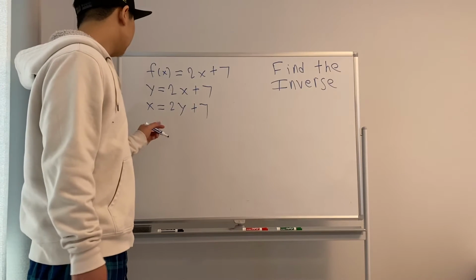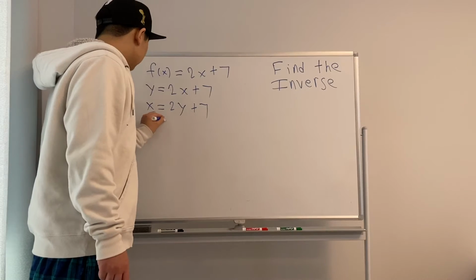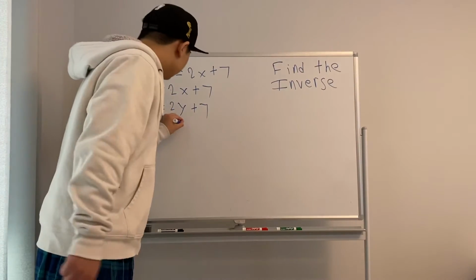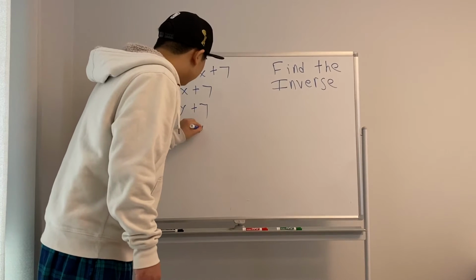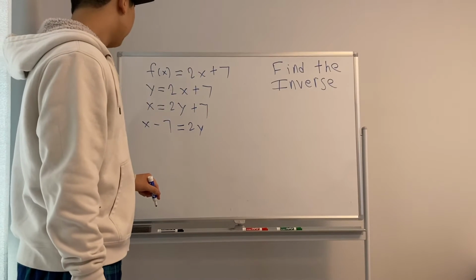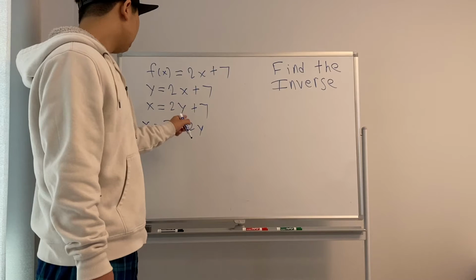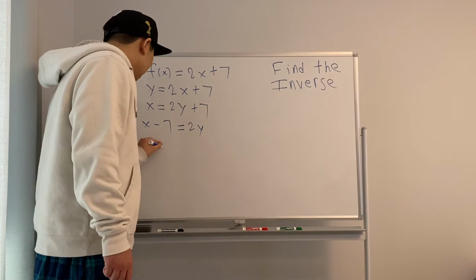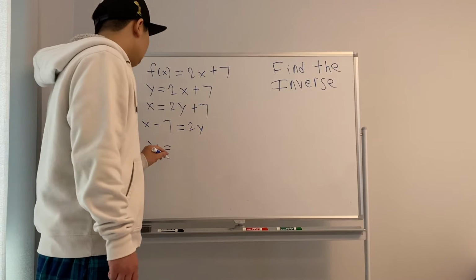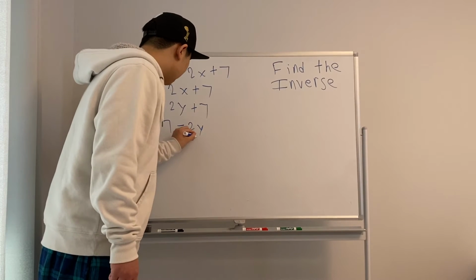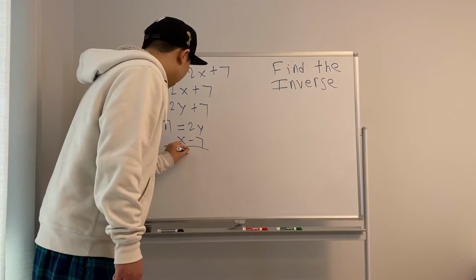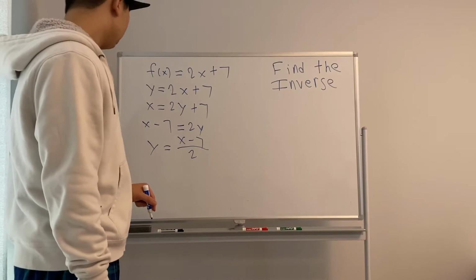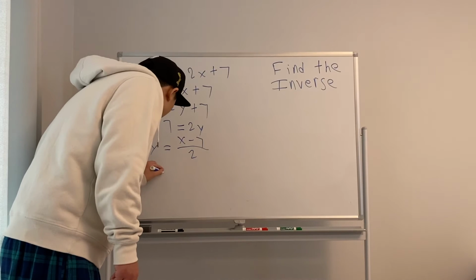So I'm going to write x minus 7, because I subtract the 7 on this side, so I have to do the same on this side, is equal to 2y. And then I want to isolate the y, so I divide both sides by 2. So we have y equals x minus 7 divided by 2.